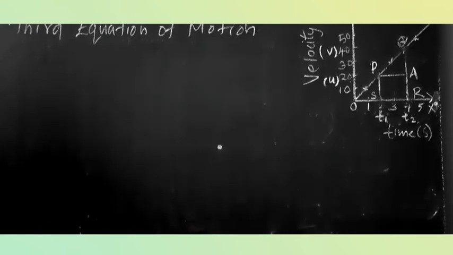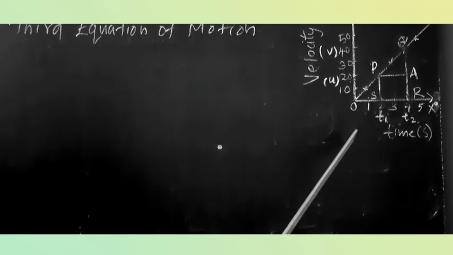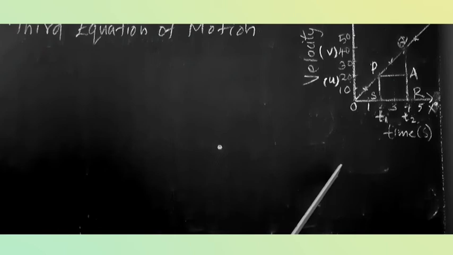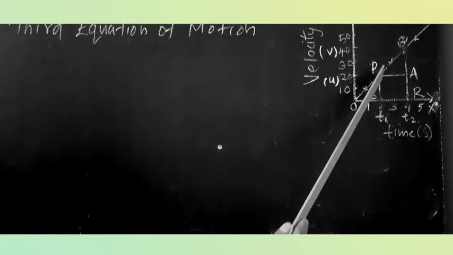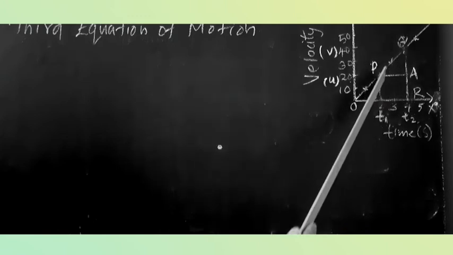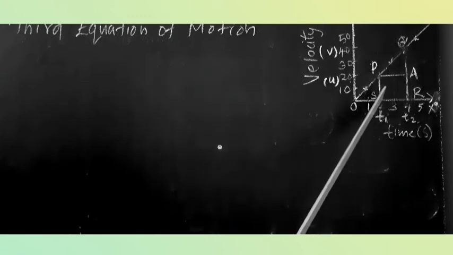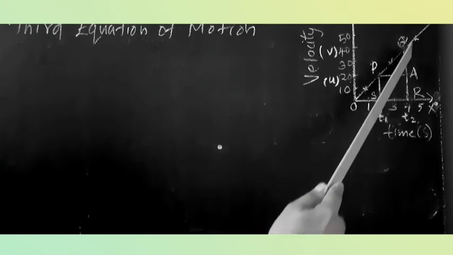You have already studied that displacement on a velocity time graph is the area below the graph. This portion is a trapezium, so the area of this trapezium PQRS will be the displacement.